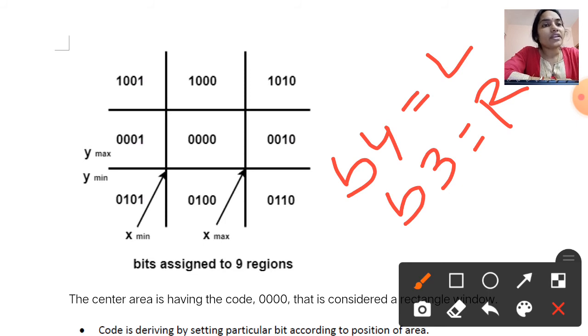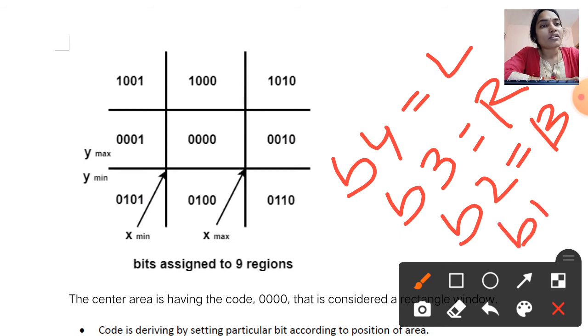Then B2 means it is your bottom. Then B1 means it is your top. Okay, that means LRBT. These four things you will learn.